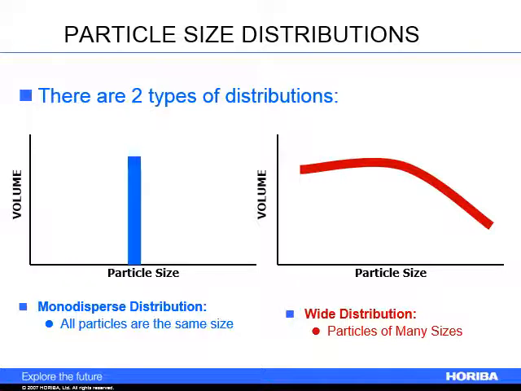And then for everything else in the world, just about, you have a much wider particle size distribution. You can have multiple modes, you can have a single mode, you can have a mode in one spot and then a mode further down and then a mode further down, depending on how mixed your material is.